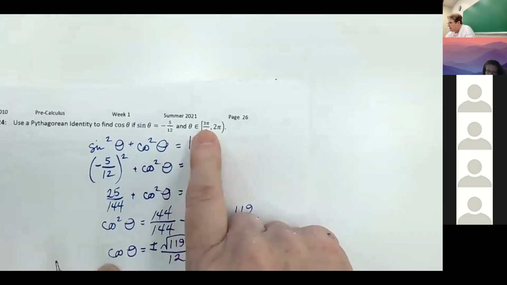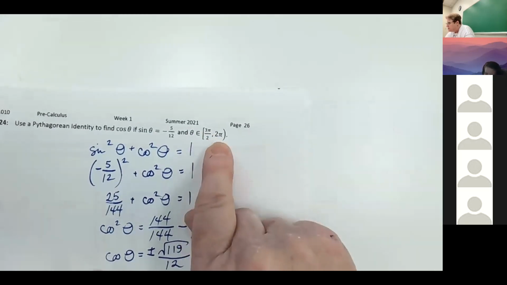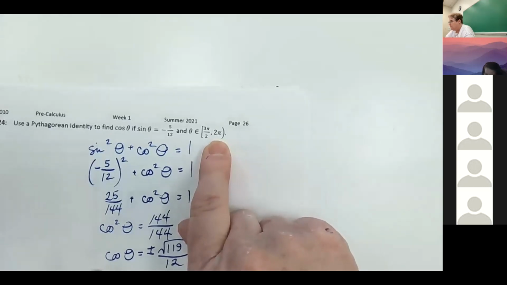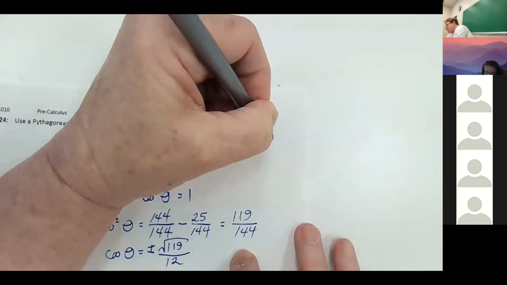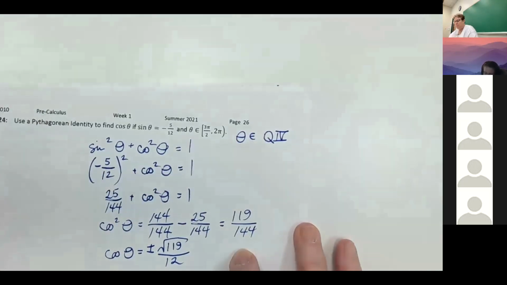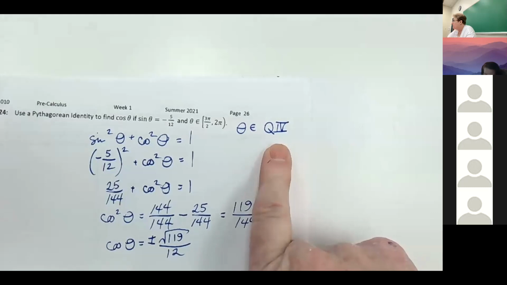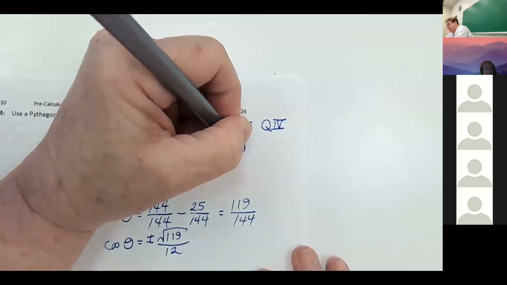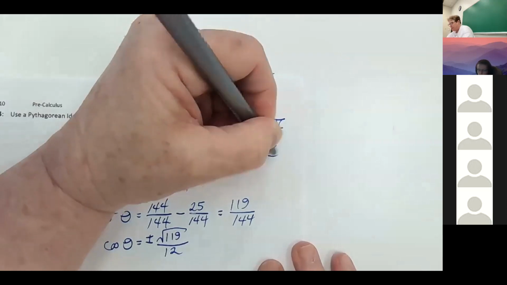We're going to look to see which quadrant starts at 3 pi over 2 and goes to 2 pi. Good. So we could say theta is in quadrant 4. And in quadrant 4, cosine is x, remember? So in quadrant 4, is x positive or negative? Positive, good. So our answer is the cosine of theta is positive 119 over 12.